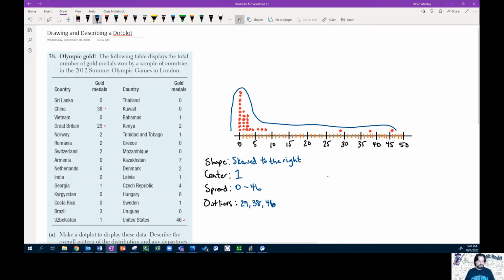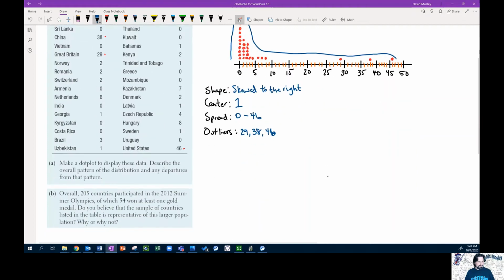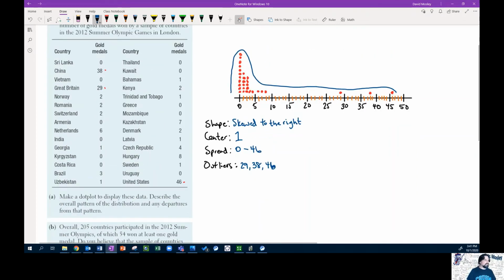So now I can write my description. I've got my picture, I know what these things are.